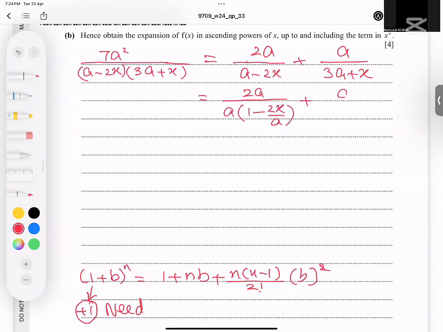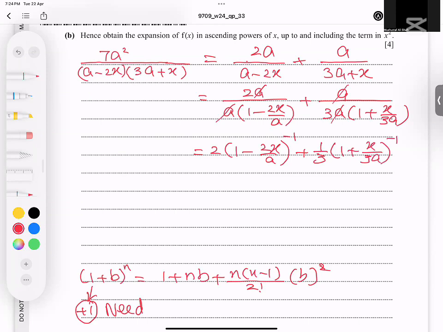Same story here, I have to take 3a common out, 1 plus x over 3a. This a cancels, this a cancels. Now I can bring it up as (1 minus 2x over a) to power negative 1. Same here, 1 over 3 and (1 plus x over 3a) to power negative 1.